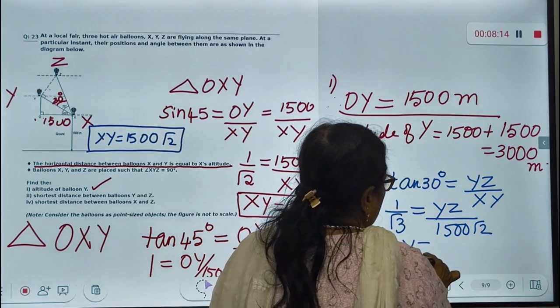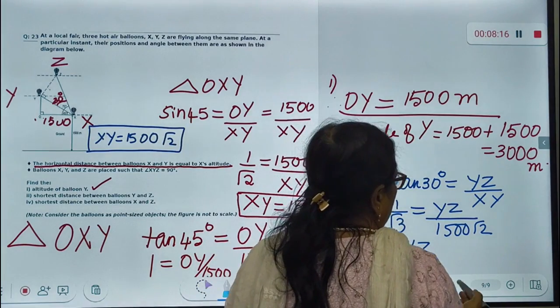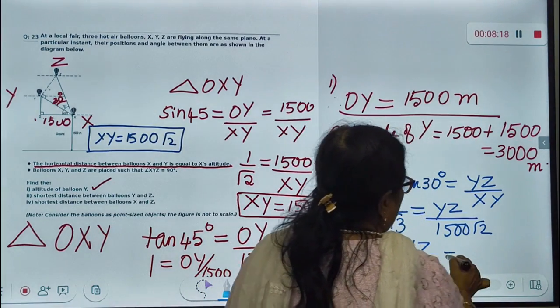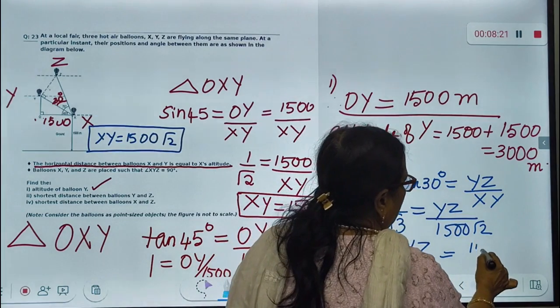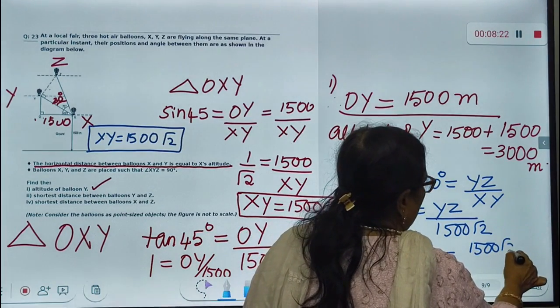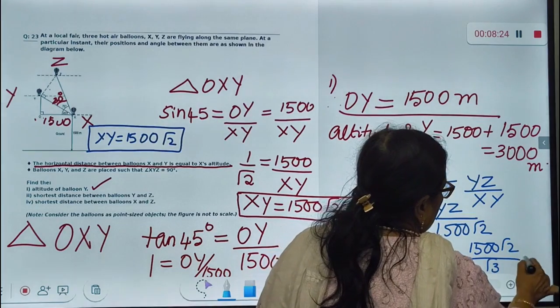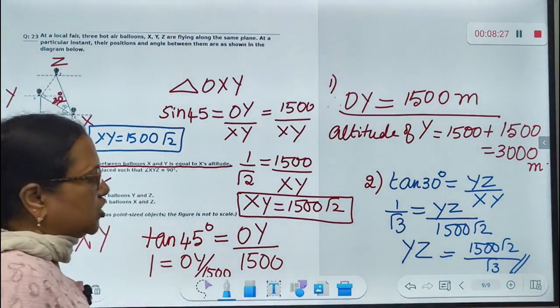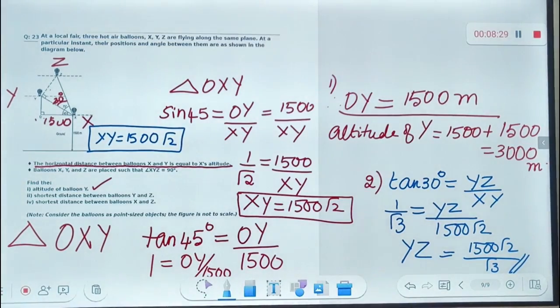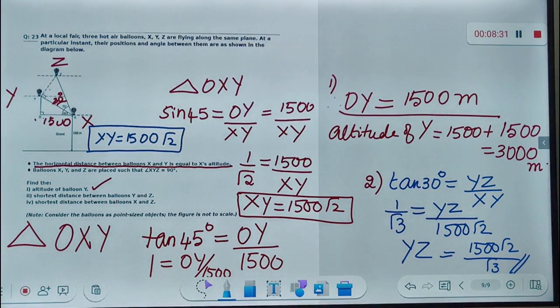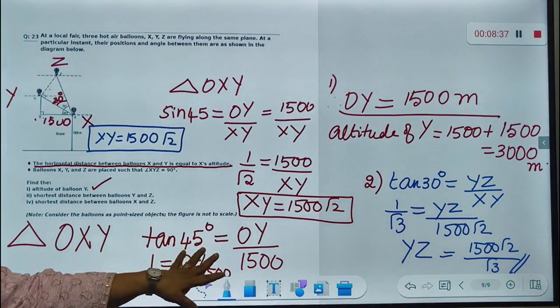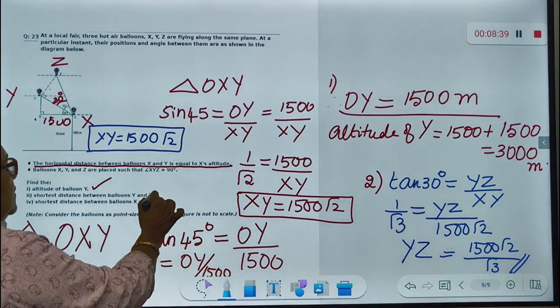So YZ, which is the difference between the positions of Y and Z, is equal to 1500 root 2 by root 3. Simplifications you can do, because you all know the value of root 2 is 1.414 and root 3 is 1.732. I leave that calculation to you.